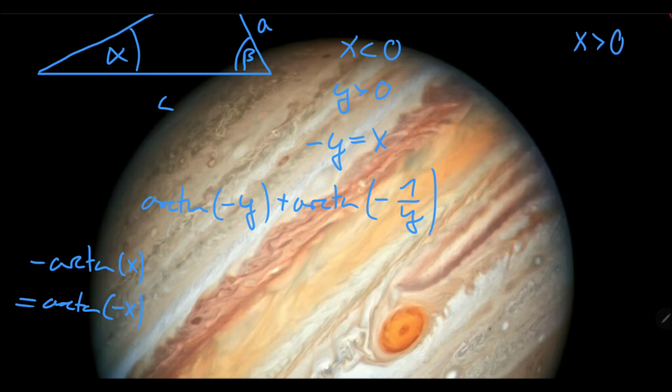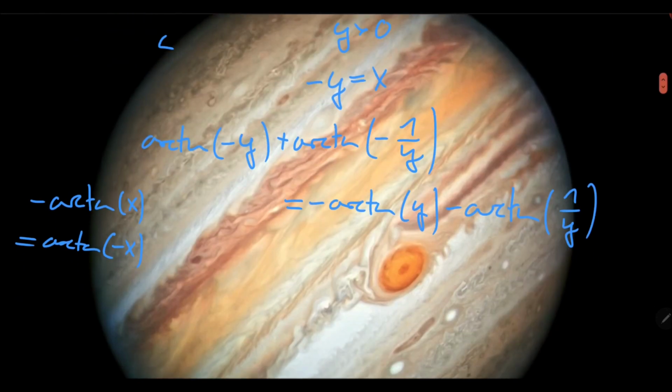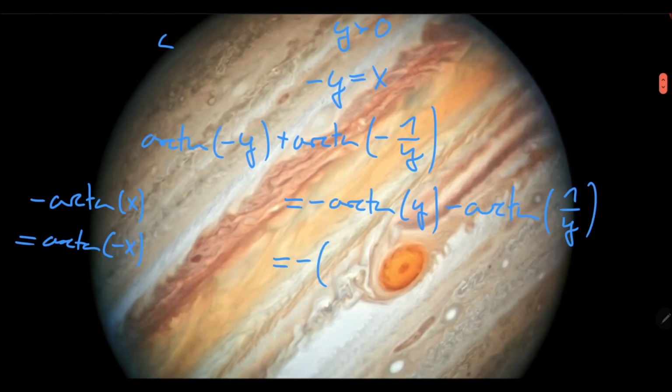So in our case, this means that arctan of minus y plus arctan of minus 1 over y in fact equals minus arctan of y minus arctan of 1 over y. And now we can rewrite this as minus parentheses arctan of y plus arctan of 1 over y.